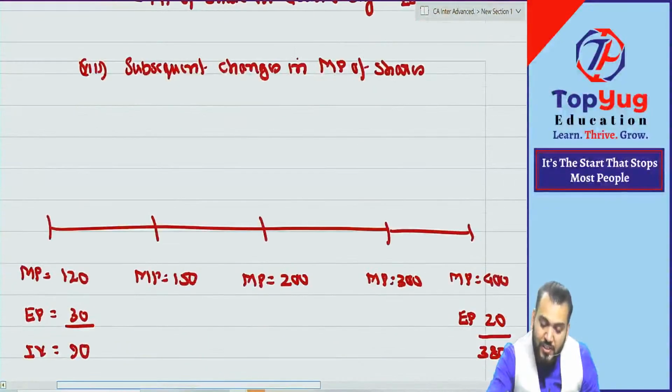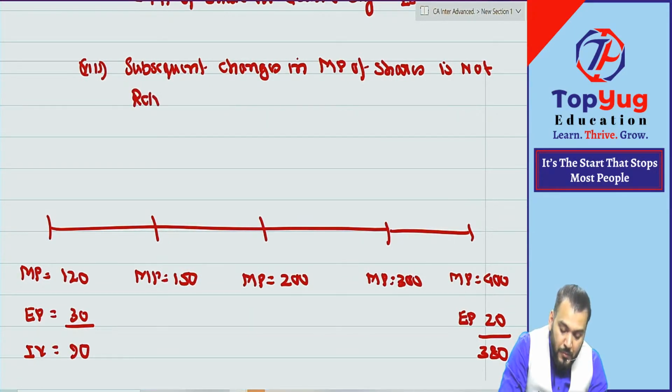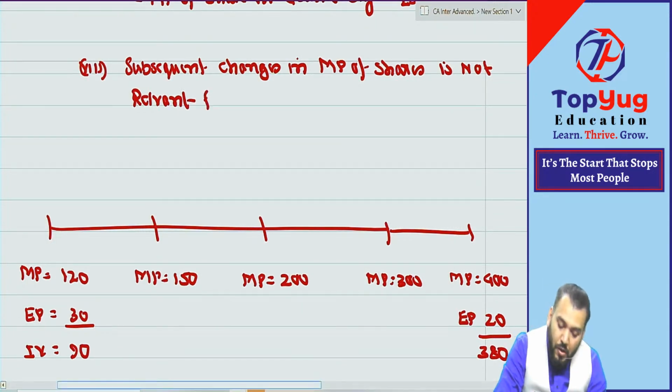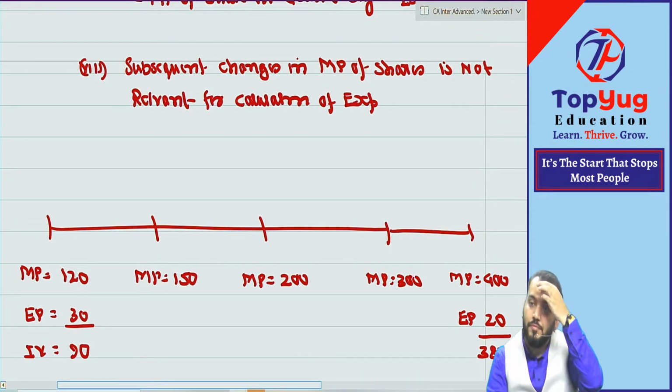So subsequent changes in market price of shares is not relevant for calculation of expense. Understood?